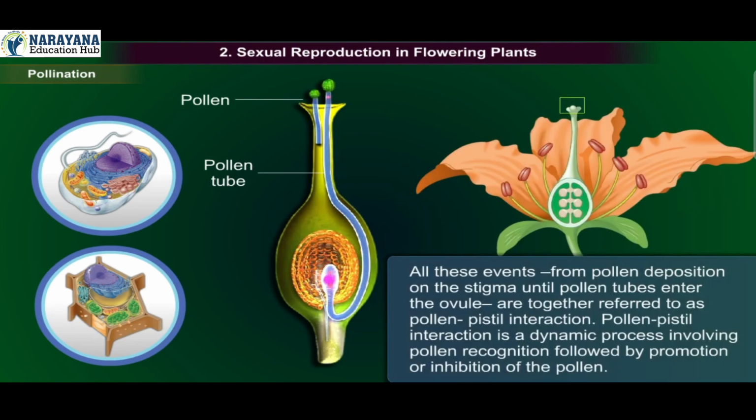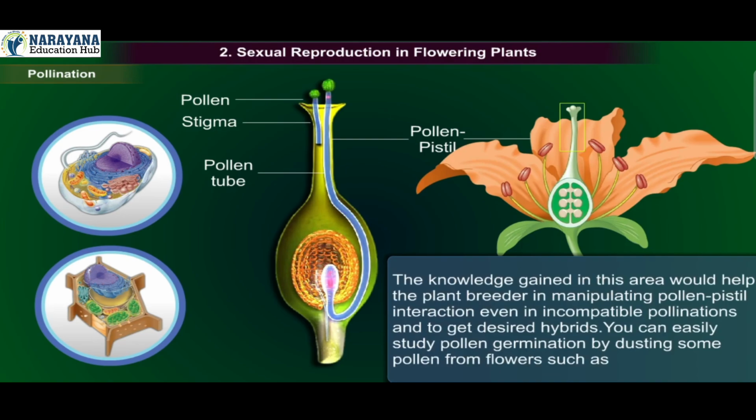All these events, from pollen deposition on the stigma until pollen tubes enter the ovule, are together referred to as pollen-pistil interaction. Pollen-pistil interaction is a dynamic process involving pollen recognition followed by promotion or inhibition of the pollen.